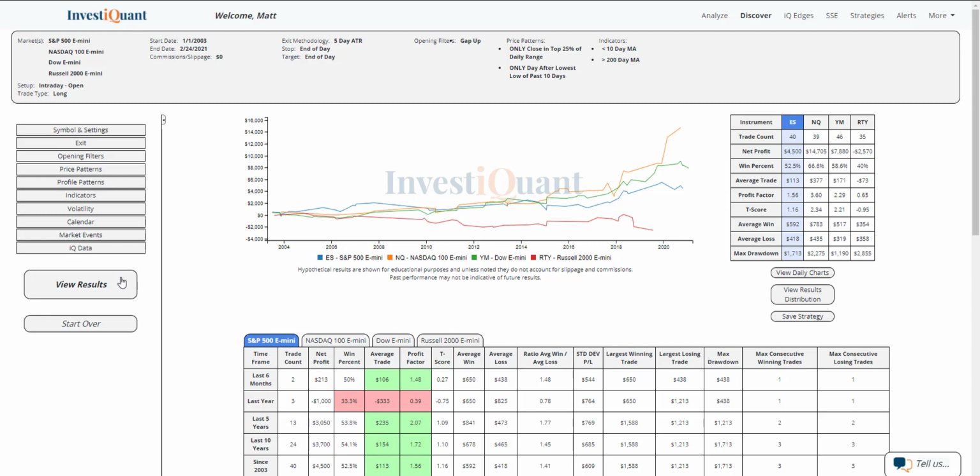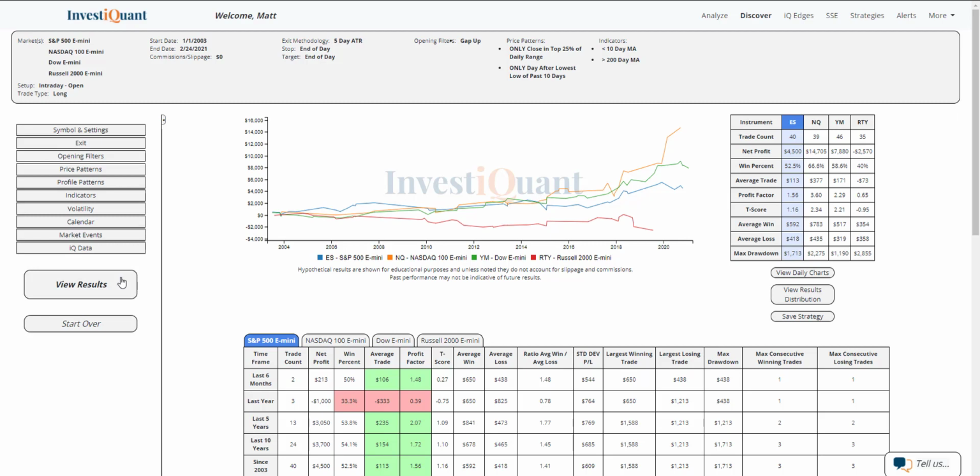If we look at the average win to average loss, you'll see the average win is sizably larger than the average loss in the S&P, the NASDAQ, and the Dow. The Russell is very similar in size. So this pattern, for whatever reason, has not really worked out in the Russell. It's been a little bit weak, and there's no skew for a larger average win or average loss. But the others have had larger average wins, and some of them have had some really strong win rates, like the NASDAQ, for follow-through on the next day.